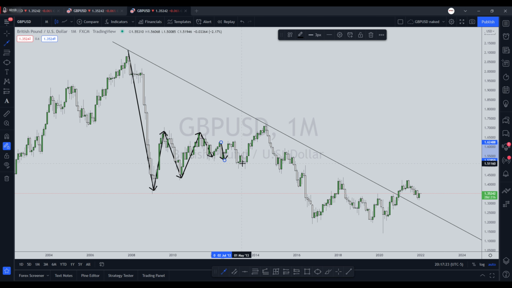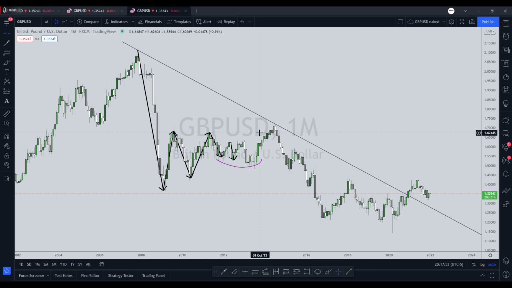There's another low. So pretty much this whole area right here was a low, and you got your higher low right here. You got your higher low because that's higher than this previous low right here.